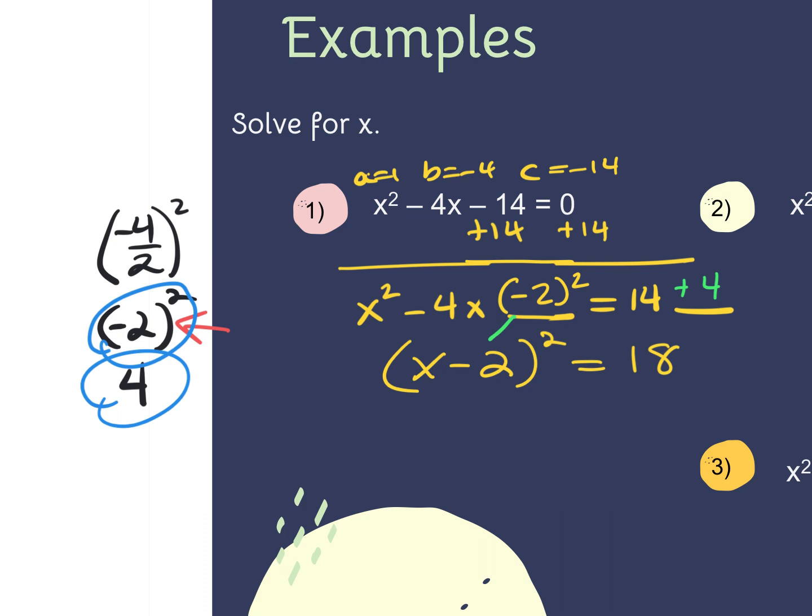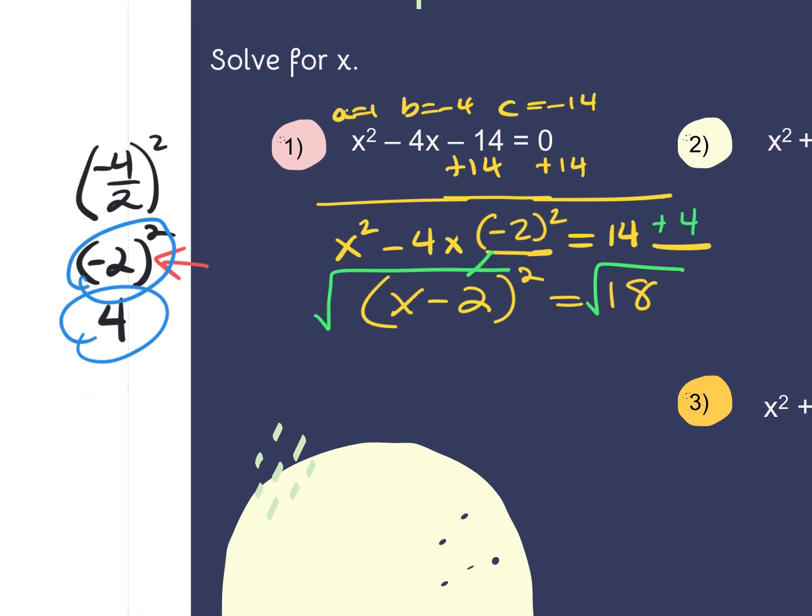Now we're going to use the square root method, or square root both sides. So I'm now going to square root both sides. Remember, when you square root this binomial that's squared, it cancels it. So out of this will come x minus 2. This becomes plus and minus the square root of 18. I need to break down the 18.